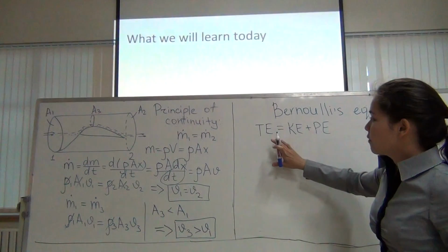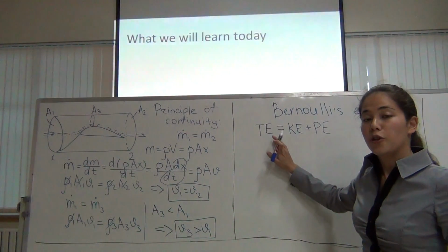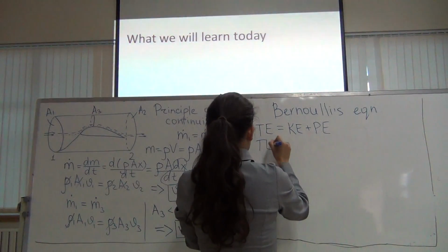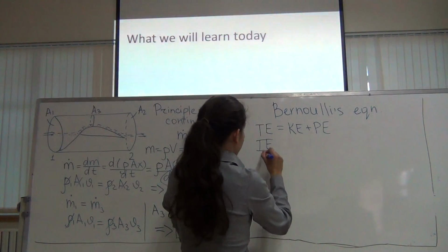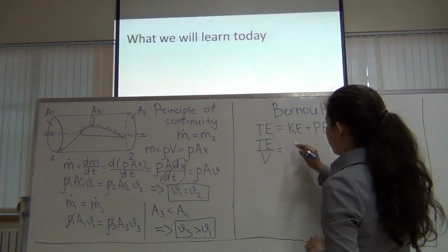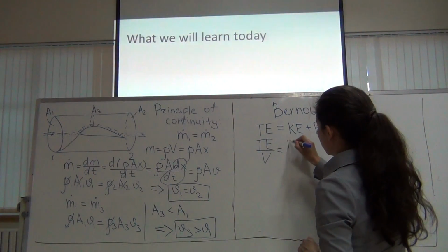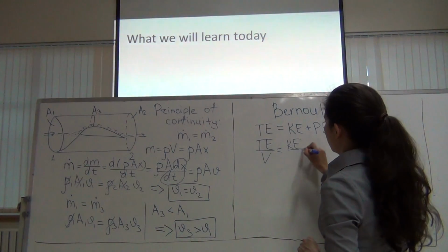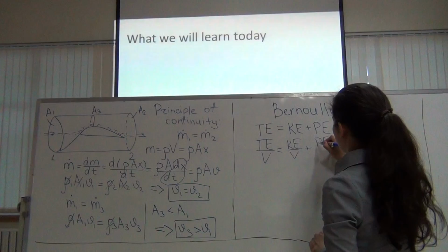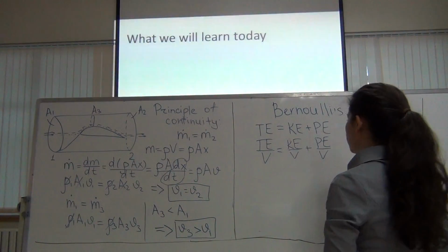So let's find out what the energy is per unit volume. So we can divide this equation by volume. So total energy per volume is equal to kinetic energy per volume plus potential energy per volume.